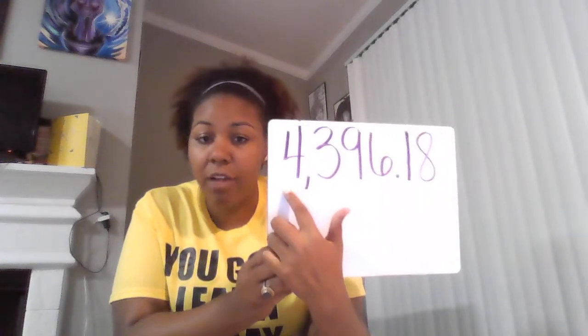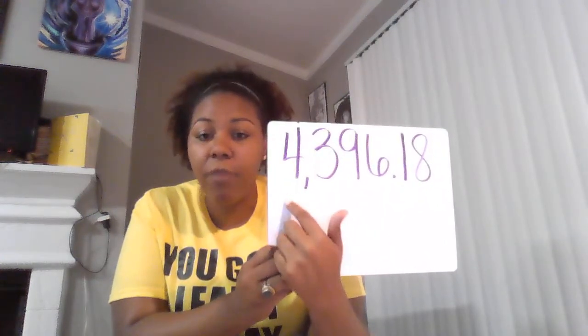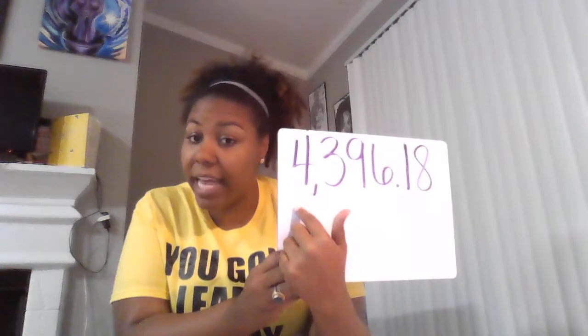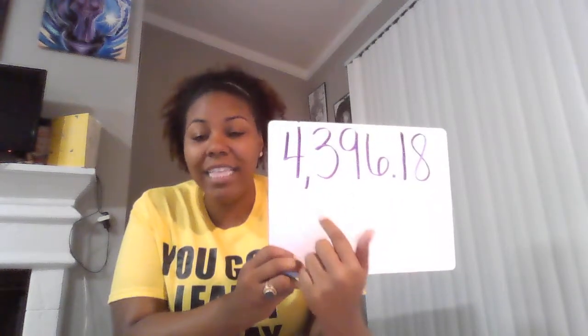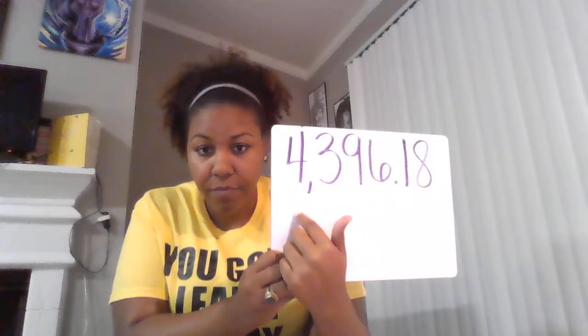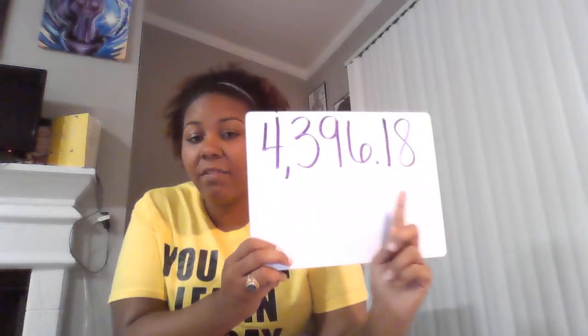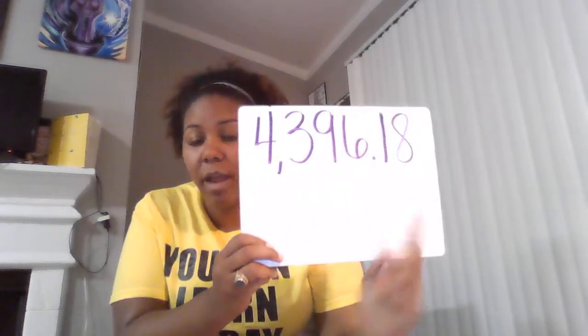So for example, I'll do the first one for you. The 4 is sitting in what place? The thousands place. What is the value of the 4? Well, if it's in the thousands place, then the value is what? 4,000. So you and the rest of your table mates write the place and the value of the rest of these numbers right here.